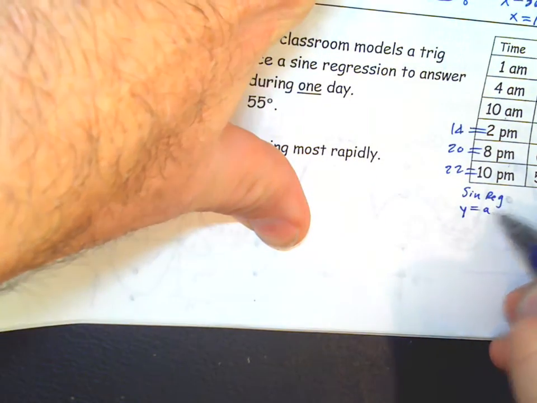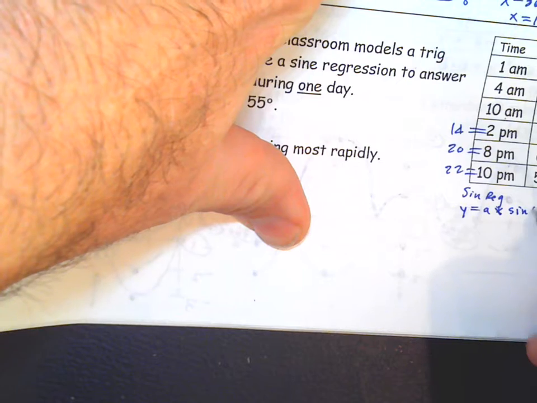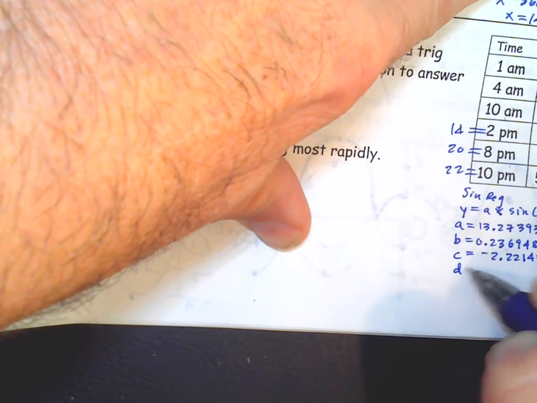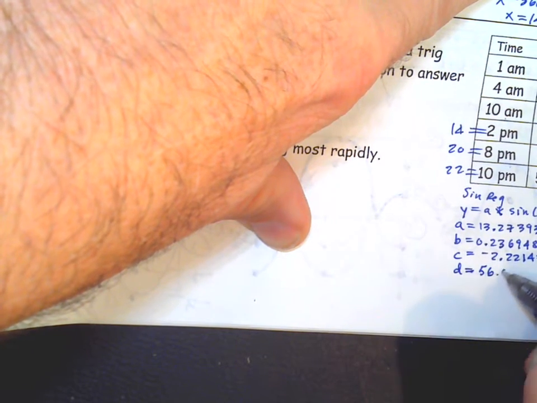y equals a times sine of bx plus c, plus d. a equals 13.2739334. b equals 0.236948888. c equals negative 2.2214704003. d equals 56.05614619.